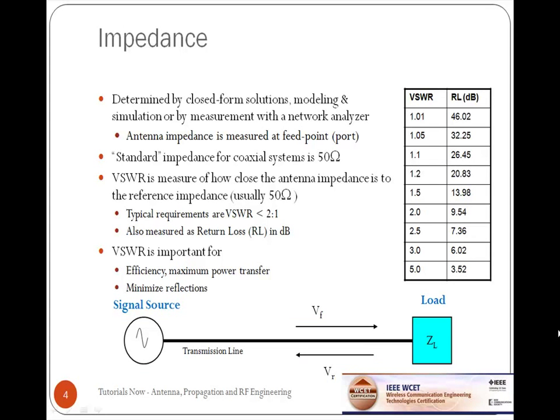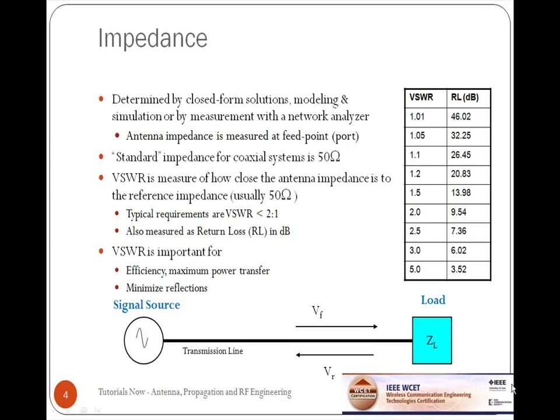In general, impedance is determined by closed form solutions out of a textbook. It can also be determined by modeling and simulation, or more realistically by measurement with a network analyzer. In this case, the antenna impedance is measured at a feed point, such as a port.